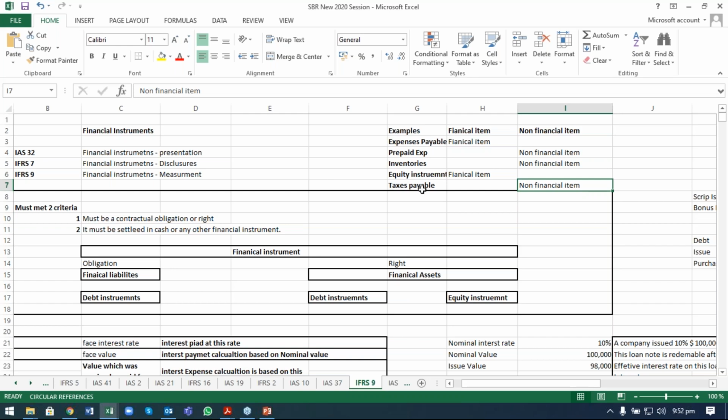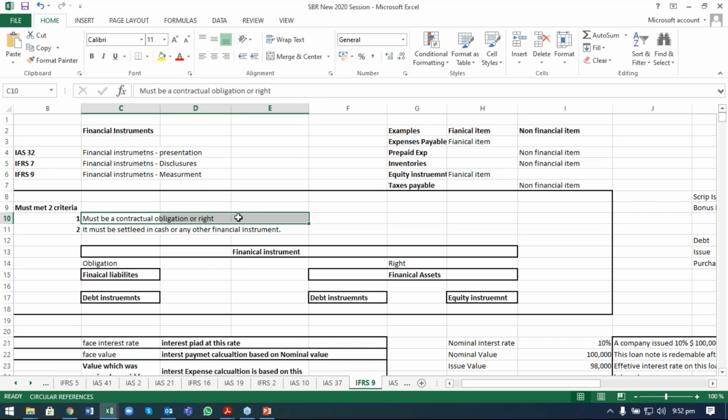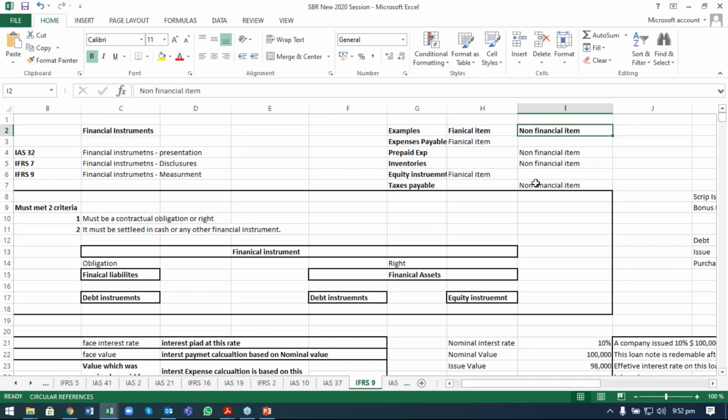Irrespective, tax payments are always settled by cash payment, not by any other asset delivery, right? So yes, its settlement always occurs in cash, but as the first condition was not met, it is not a contractual obligation, it is a legal obligation. That's why we treat taxes payable as a non-financial item.